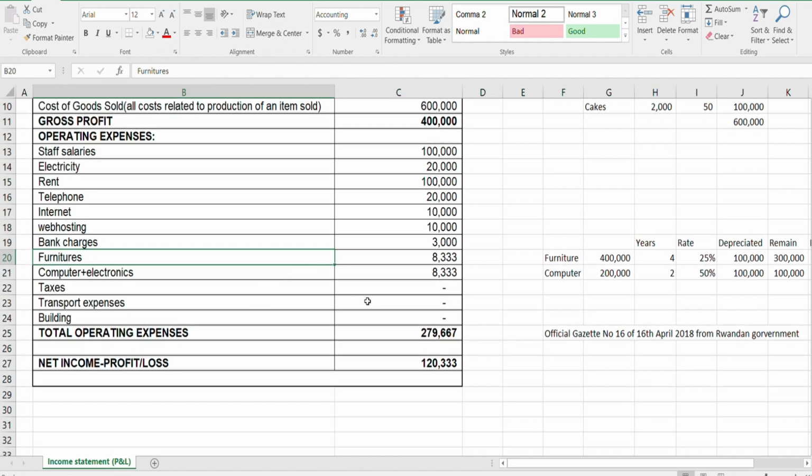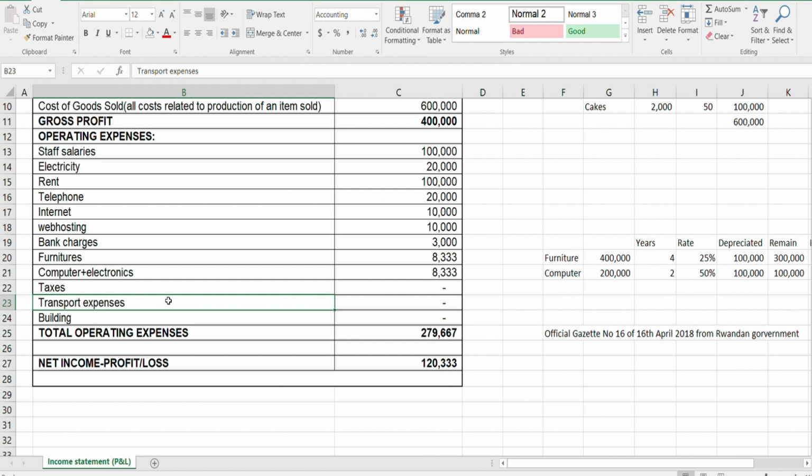So this is our income statement. You may also record the taxes. Normally taxes are 30% of net income, but here you record whatever you make as expenses. If you paid some taxes, you record them here.